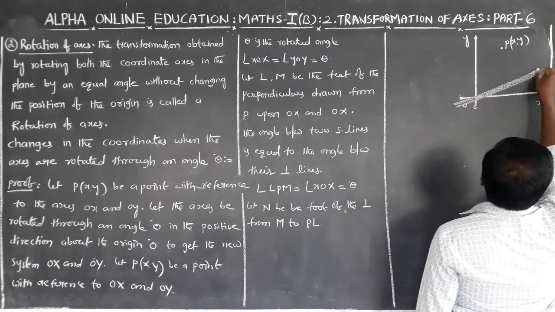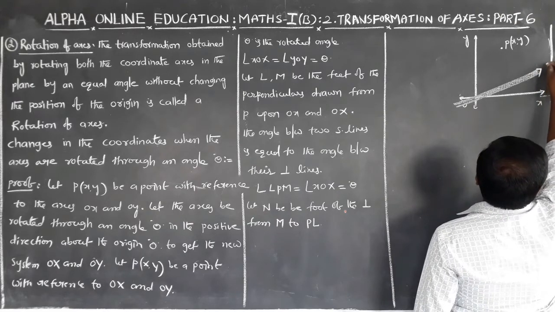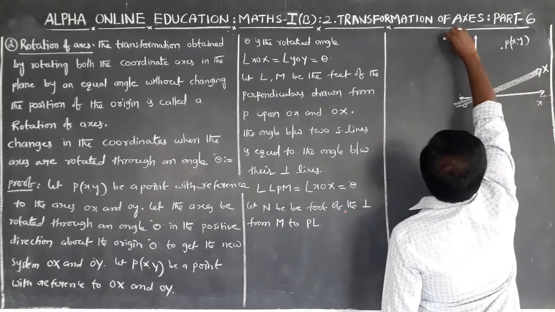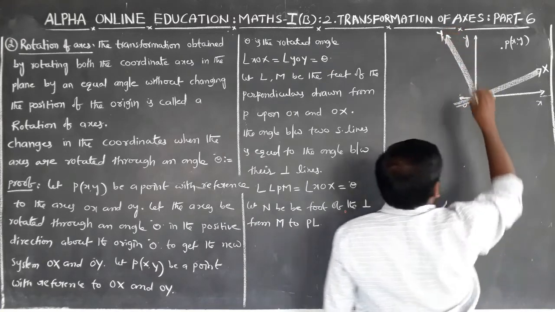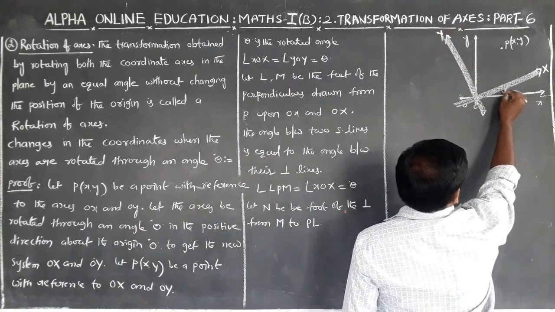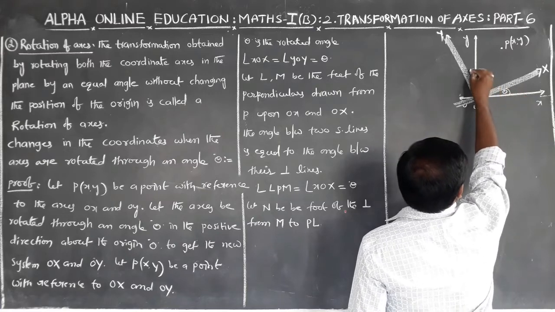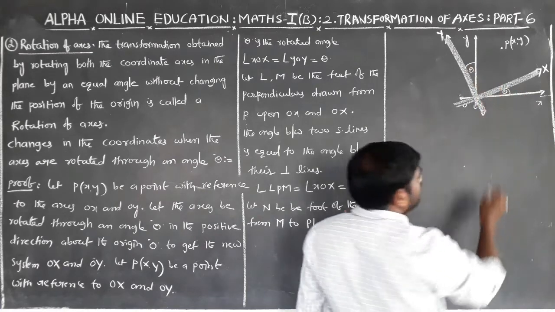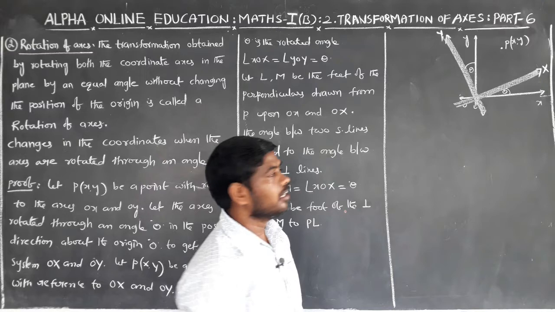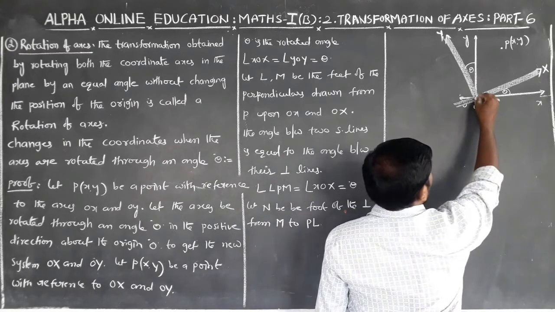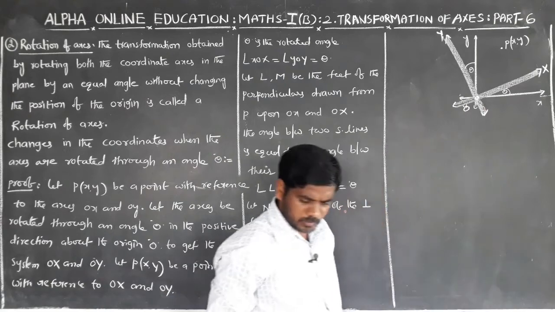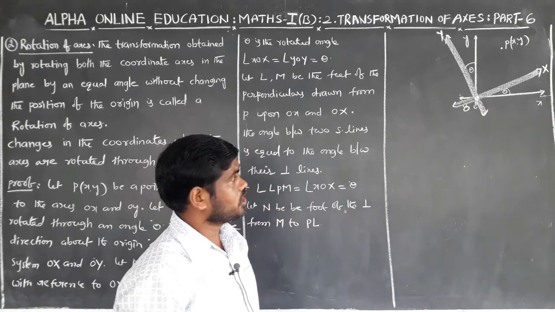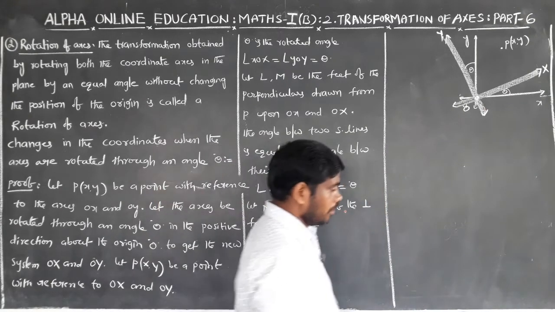This is the new axes, capital X and capital Y. Both coordinate axes are rotated through an angle theta without changing the position of the origin.